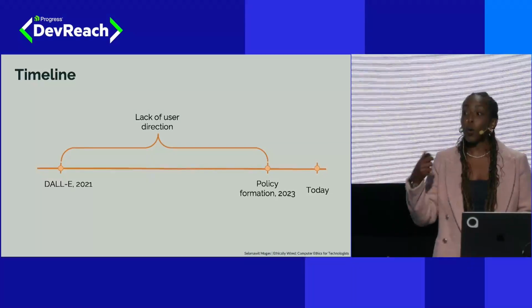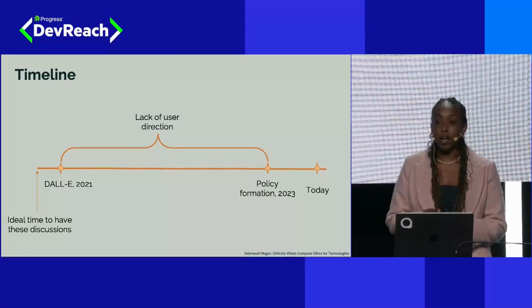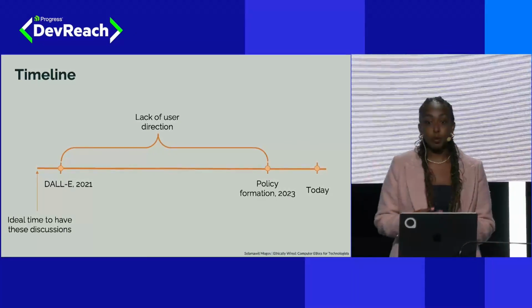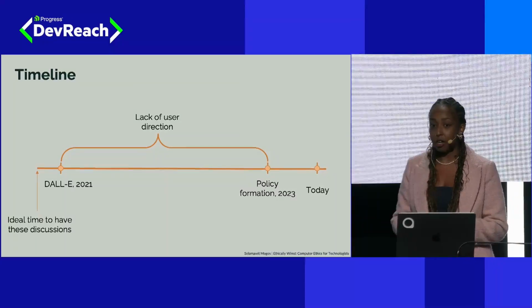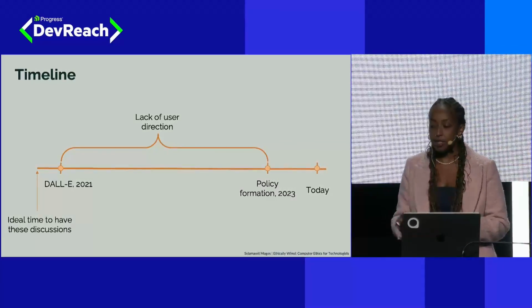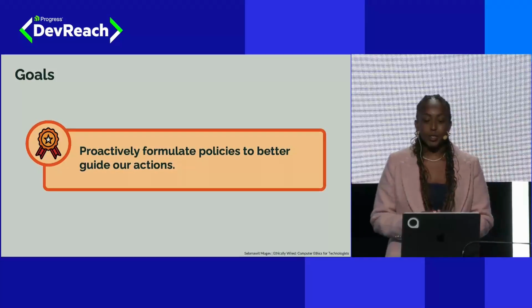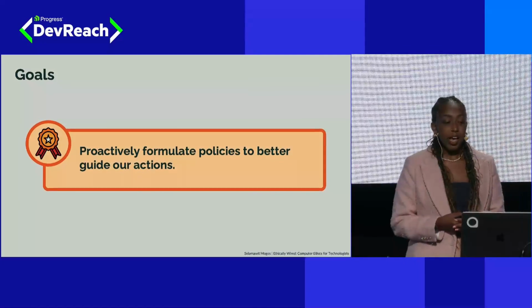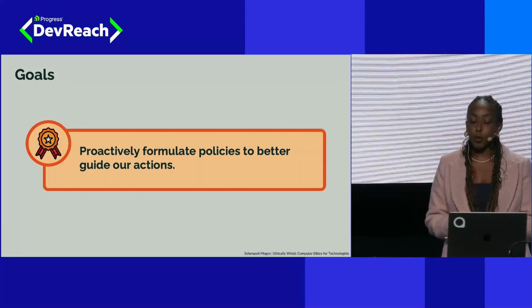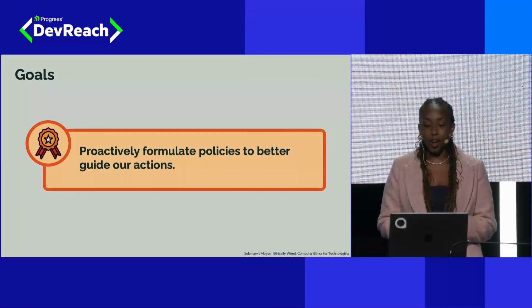And when we think about when these conversations should have happened, it's ideally before the public inception of DALL-E or similar things like that. So here lies the central task of computer ethics, and it's really to proactively formulate policies to better guide our actions.